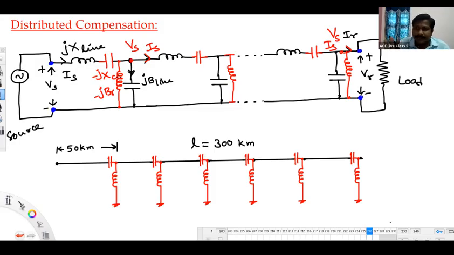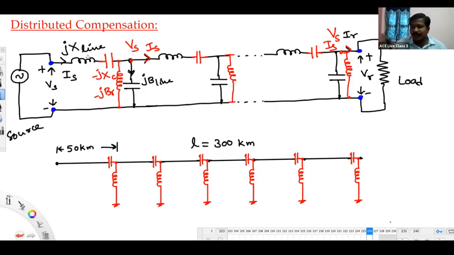All of you getting my words? Look at this. If you provide X line exactly equal to XC, there is a problem of resonance.